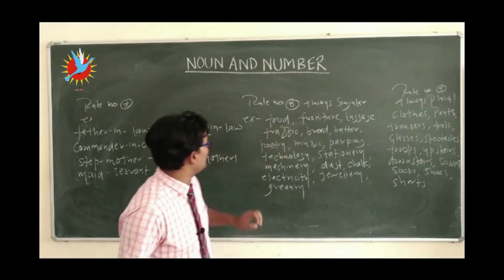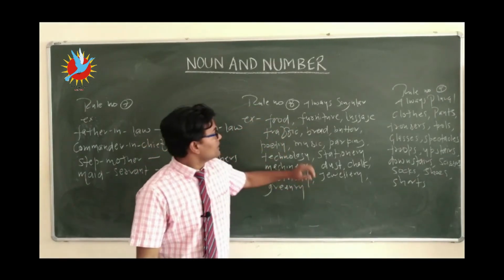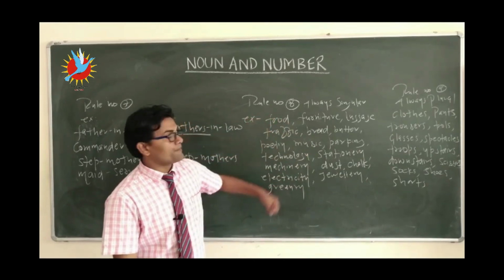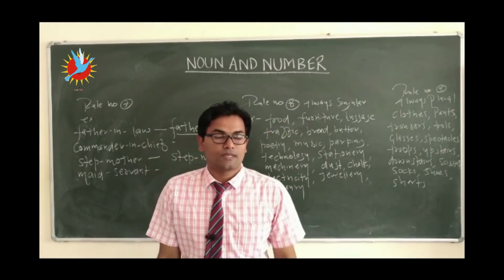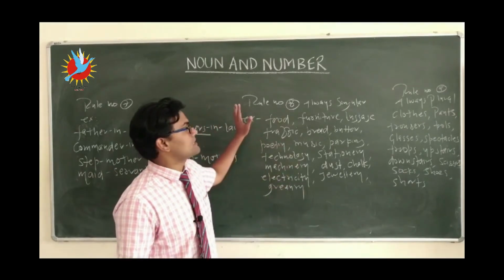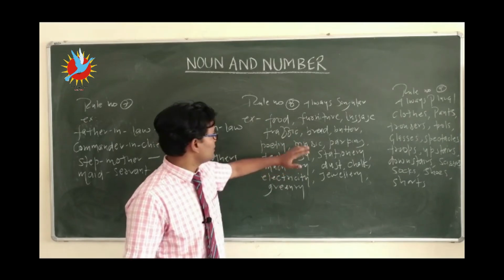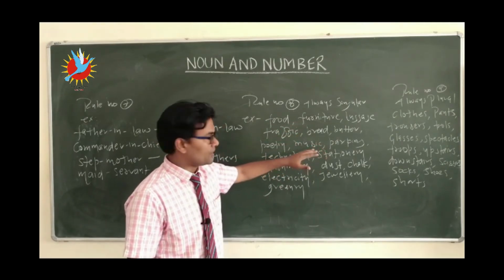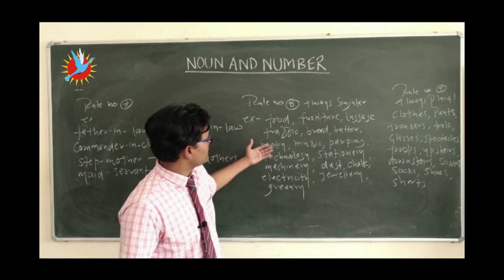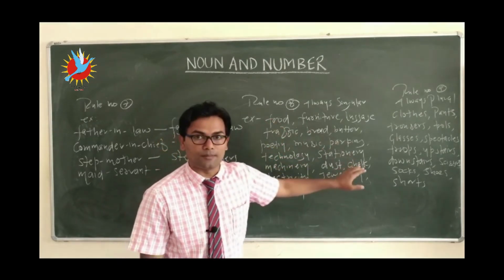Okay, now let's talk about rule number 8. Okay, in rule number 8, we have certain nouns which are always singular. We cannot change them into plural. Here, for your concern, I have written on the board. So you cannot change them into plural number.